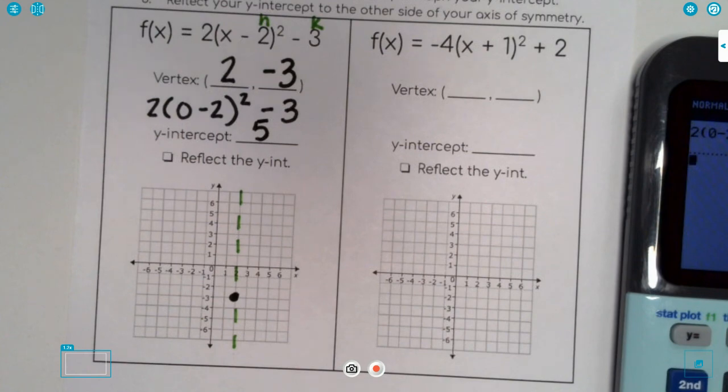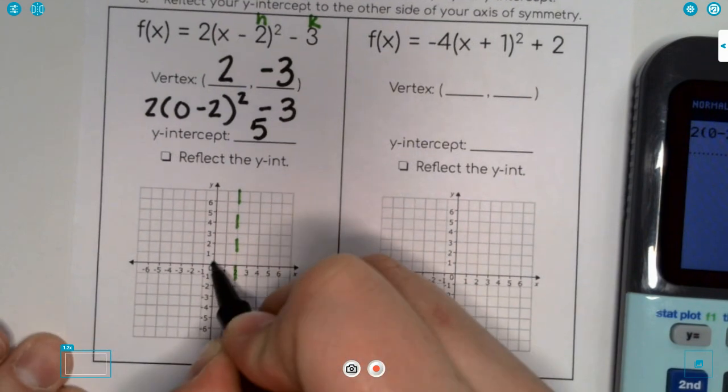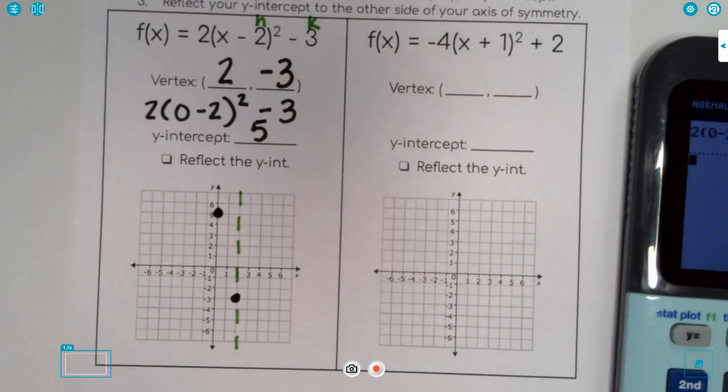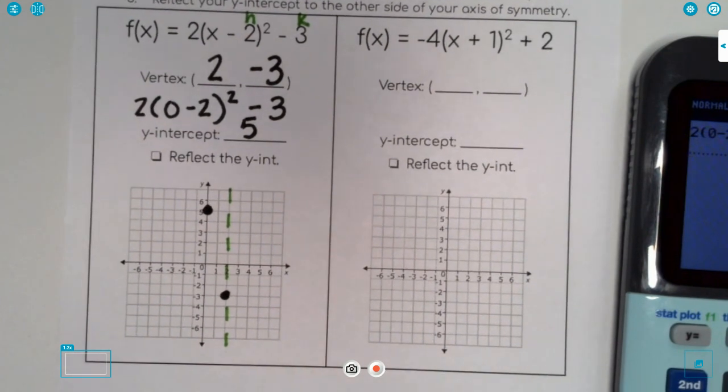And then we're going to graph that on our y-axis at the point (0, 5). Okay. Questions on that one?